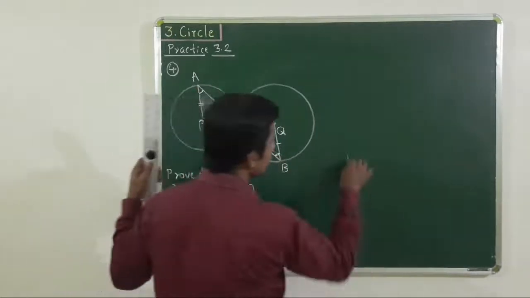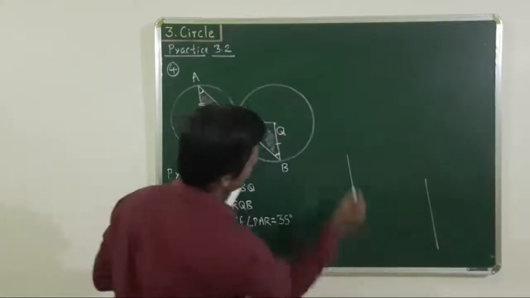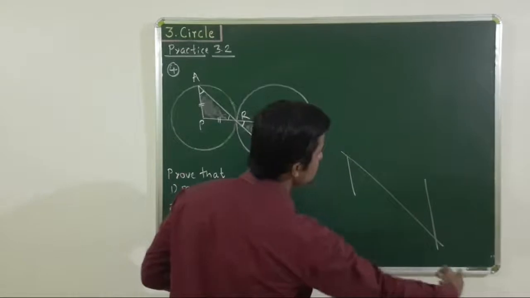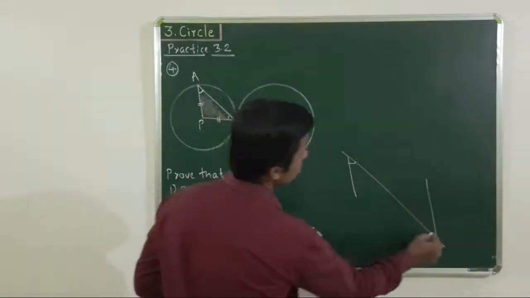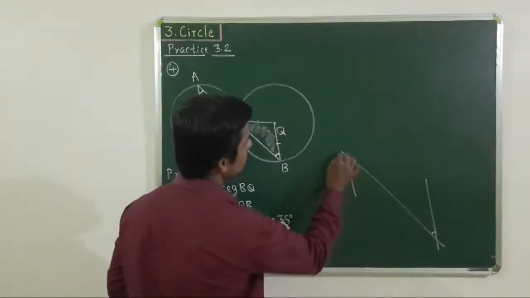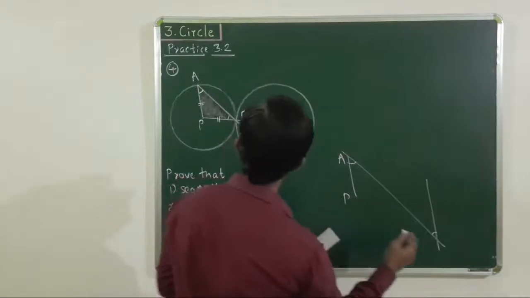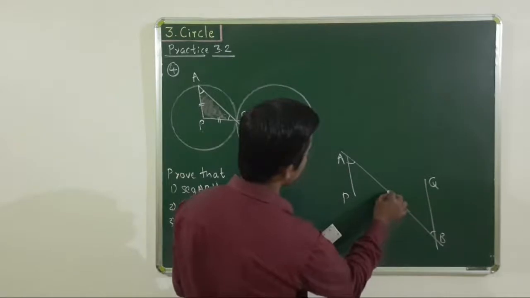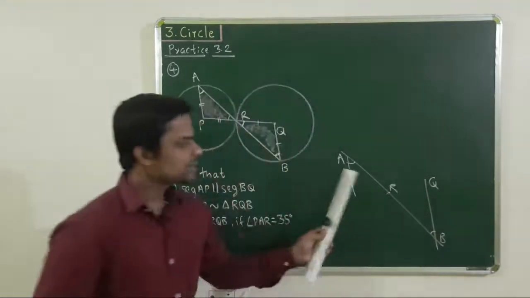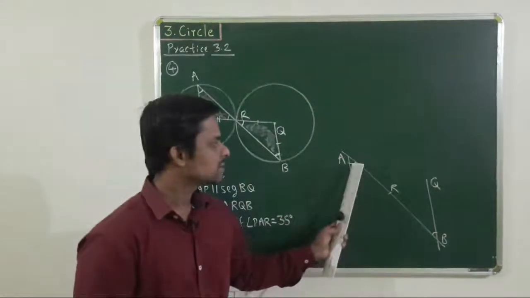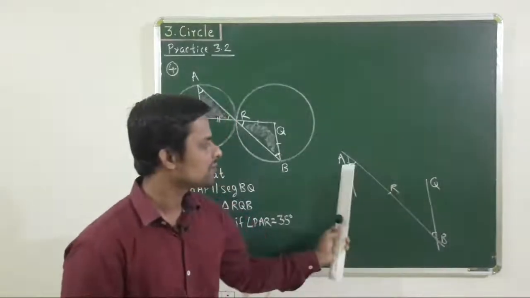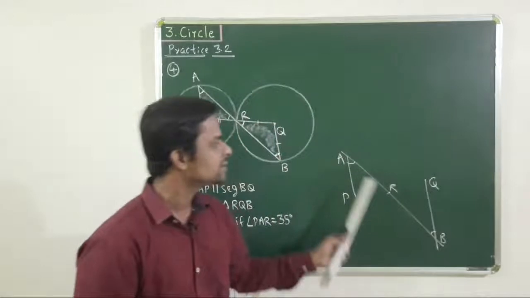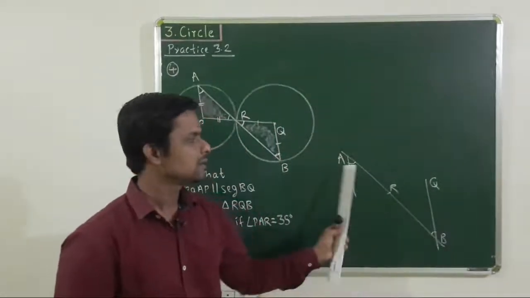Now, observe these same angles. These two are lines and this is a transversal. Now, observe these two angles. This one is PAR, here is A, here is P, here is Q, here is B, and here is R. What is the type of these two angles? We got these two angles congruent, and according to these two lines with this transversal, they are alternate angles.